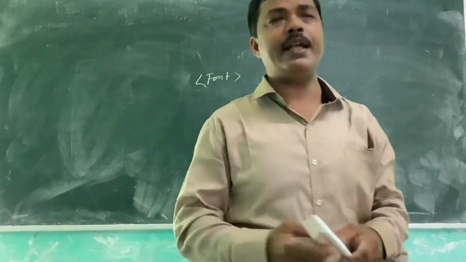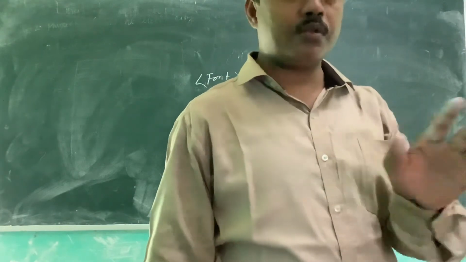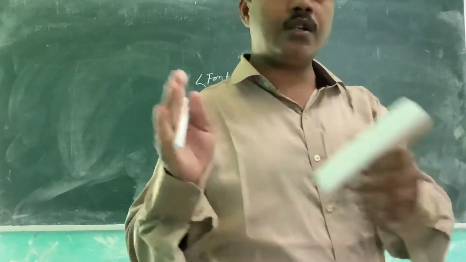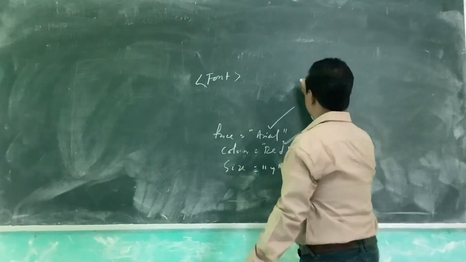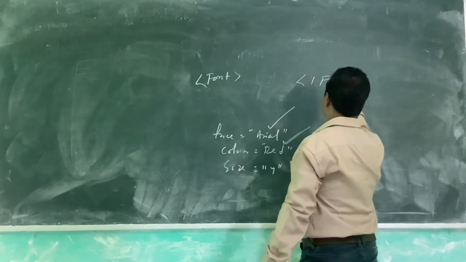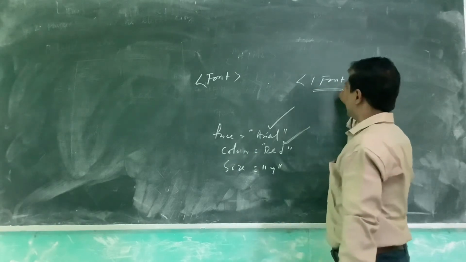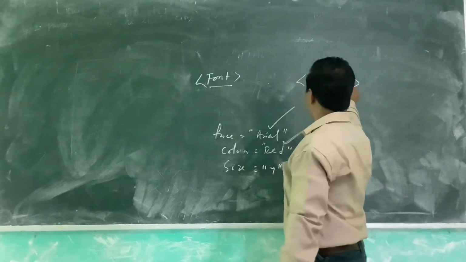And always remember, at the time of writing attributes, the attributes are not written in the closing or ending tags. That means the attributes are not written in slash font. This is the starting tag, and this is the ending tag.